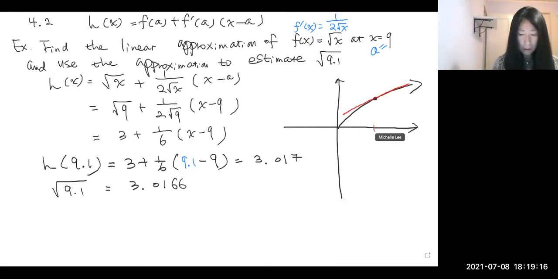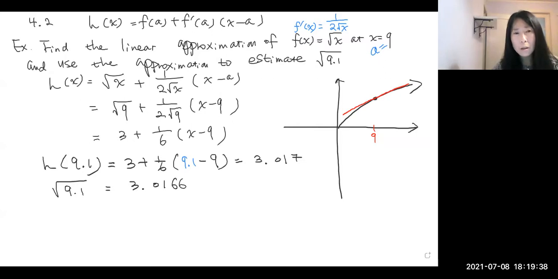Then we make the approximation at 9.1, and it's very similar, right?